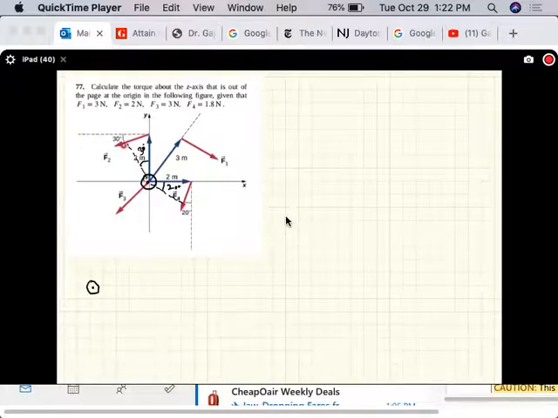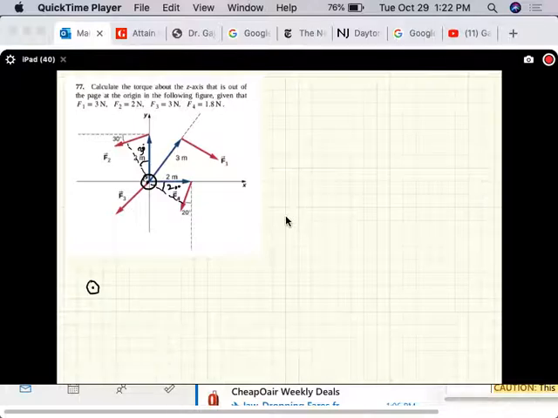In our problem, this force would make the object rotate counterclockwise, so that would give you a positive torque. This one would give a negative torque. This one, what kind of torque would it give you? Zero torque. Very good.